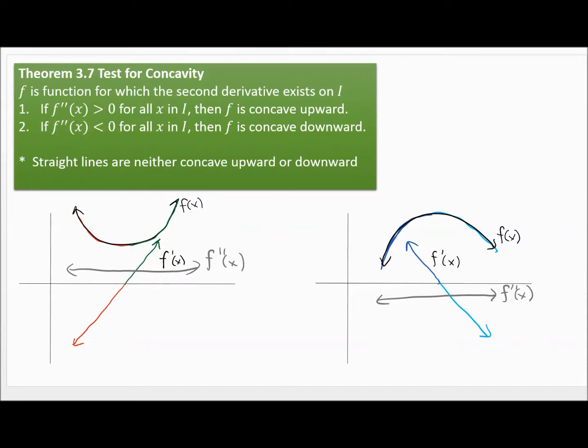I do want to address the straight line issue. It says they're neither concave upward or concave downward. Now, well, duh, right? Because that just doesn't meet our idea of what concavity means. It's a straight line. But if you think about the definitions, the first derivative of this is constant, right?